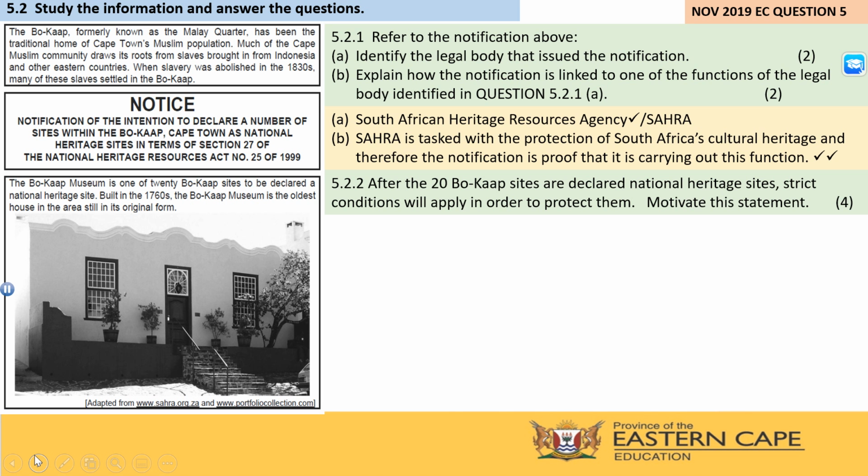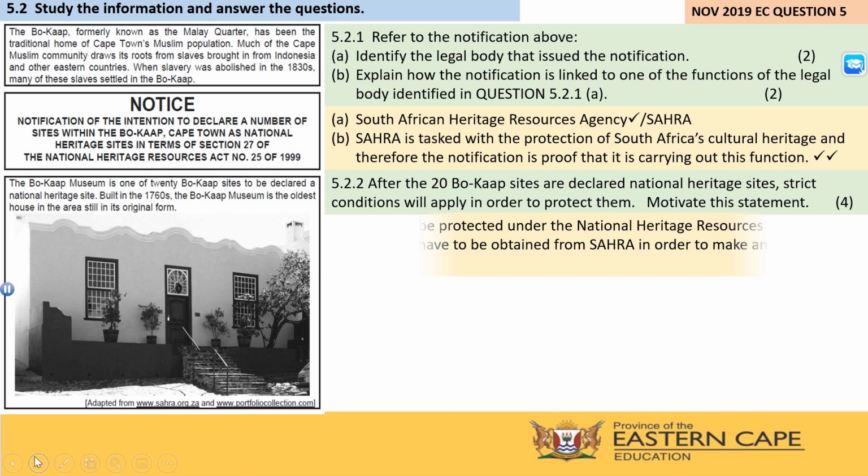And I've probably given you the answer to this question already about 8 or 9 times in this presentation, where I referred to the fact that no changes to any of these sites that are regarded as part of the national estate, no alterations, no changes may be done or carried out without the relevant permit from either the Provincial Heritage Resources Agency or the South African Heritage Resources Agency.